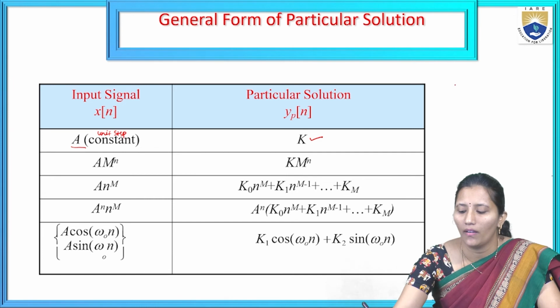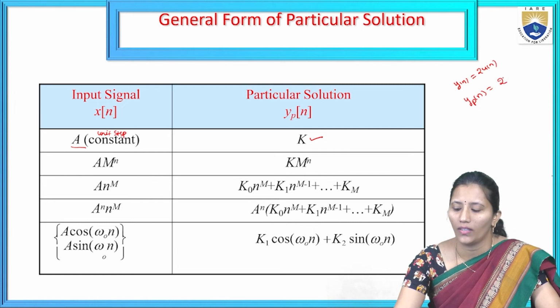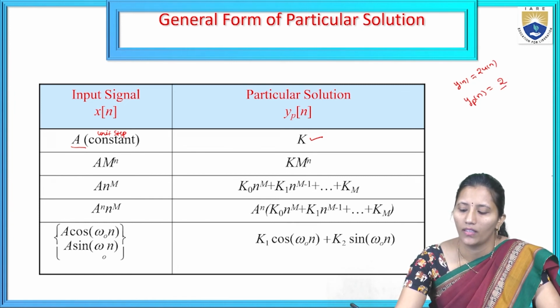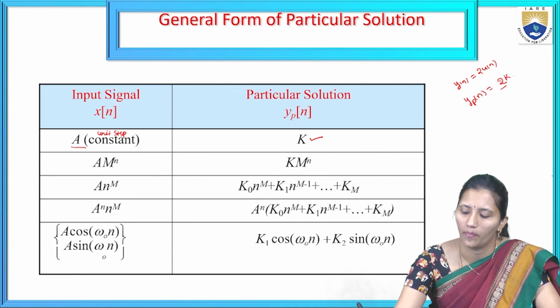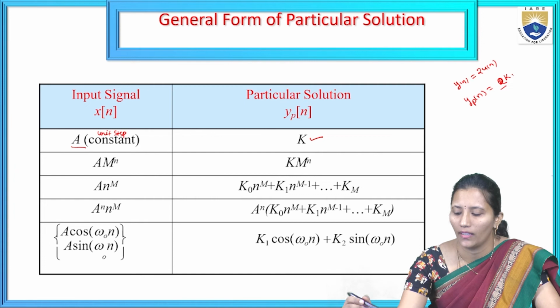For example, I have x of n is equal to 2 into u of n. Okay, then we can write particular solution is 2. Okay, only we have the constant k. Particular solution is only k here.